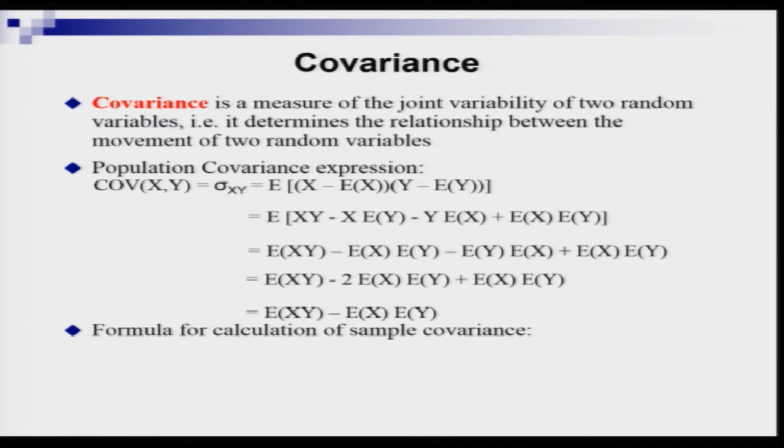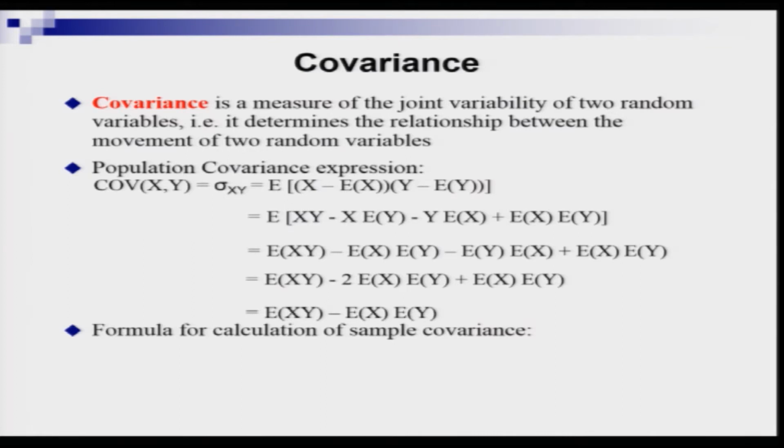Then you have to multiply them, and as these are random variables, these deviations from mean respectively of variables x and y, the product is also a random variable. So there will be probability associated with each of these deviation values. You multiply these deviation observations with their probability, so that you can get the expected value of the total.